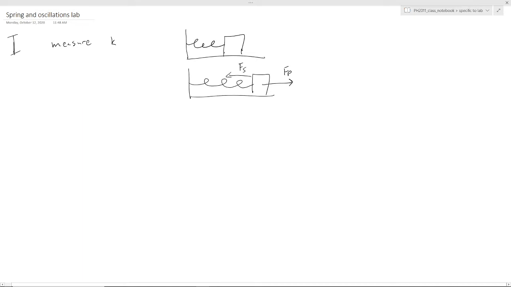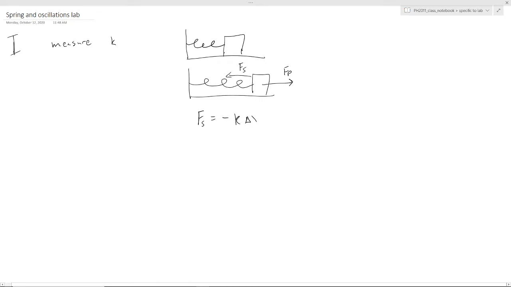And it turns out that this spring force is negative, so it's pulling back. It's called a restoring force, and it's proportional to the distance that you pull it.